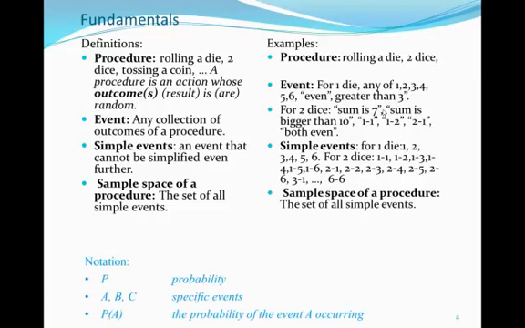So sample space includes all simple events which could occur in this particular procedure. And let's take a look at some important notations like P, which represent probability here. Capital letter A, B, C represent the specific events. And P of A represent the probability of event A occurring.